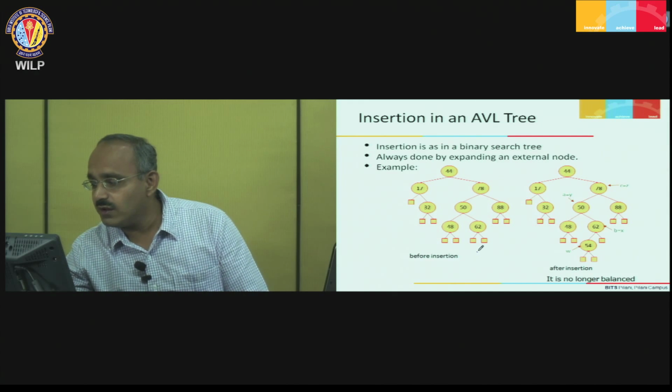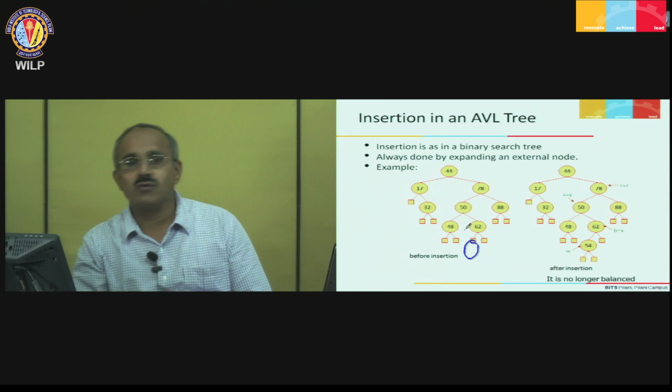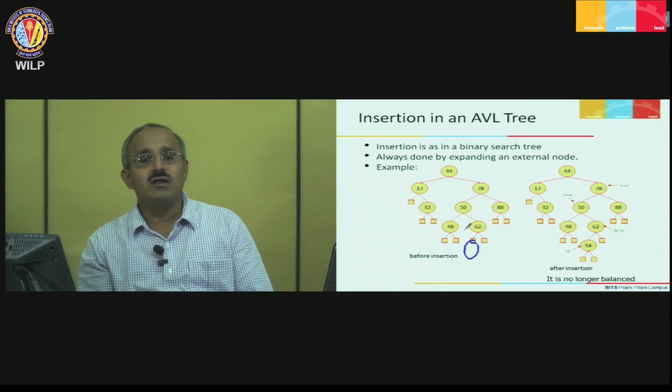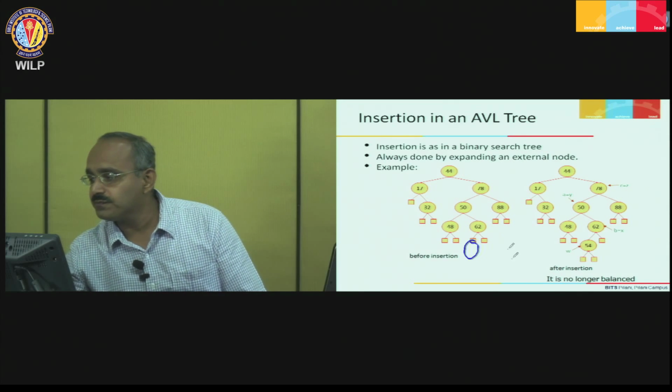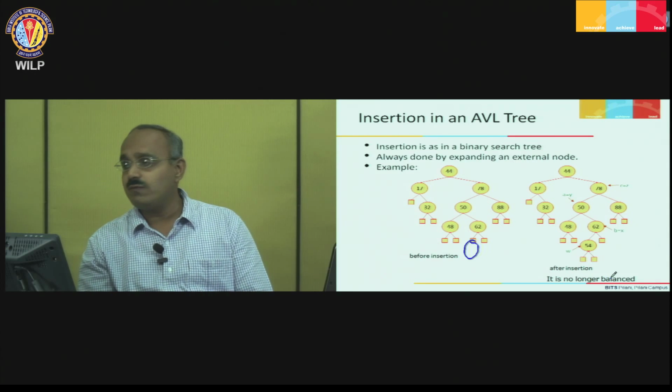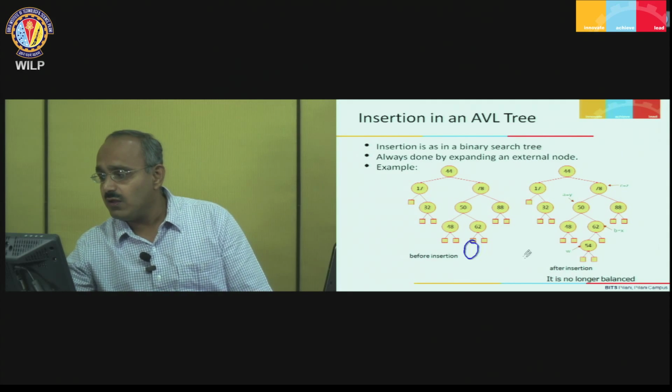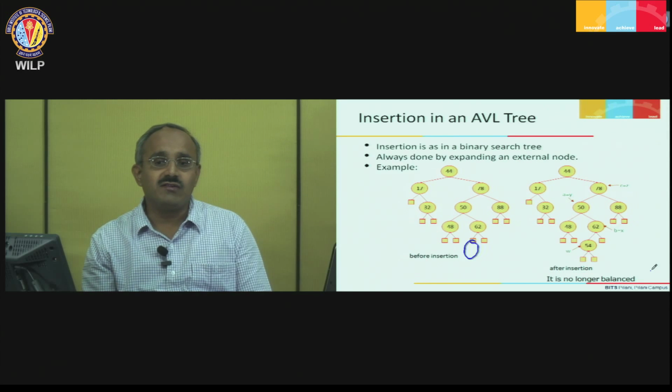Our search will take us to this particular node, which is a null node, and we insert the value 54 at that external node. This is precisely insertion in a binary search tree.